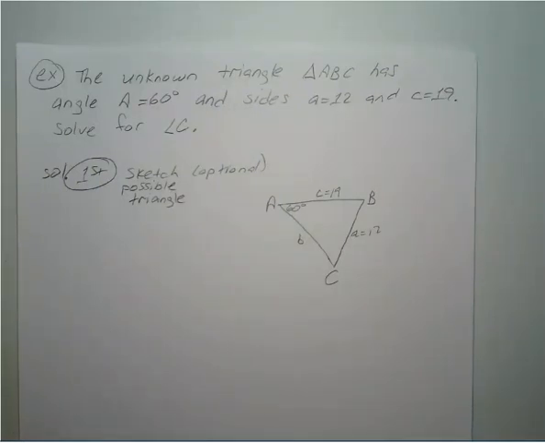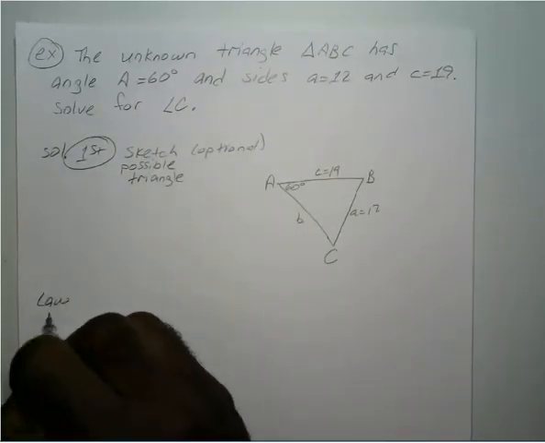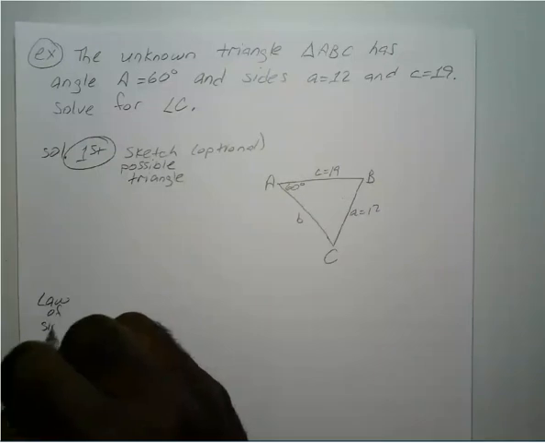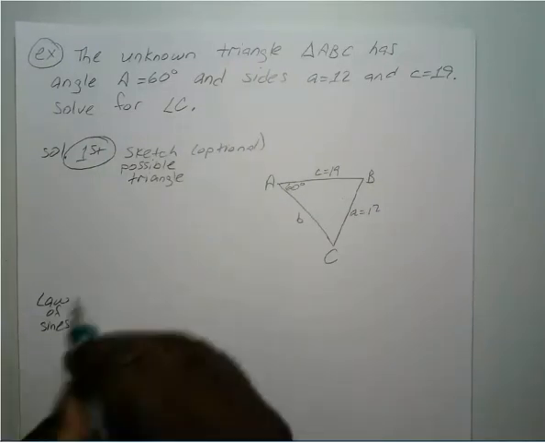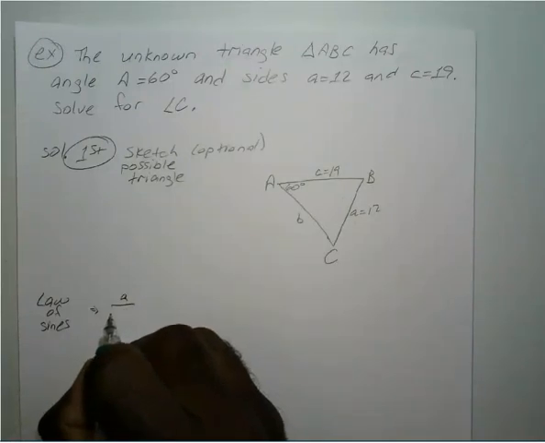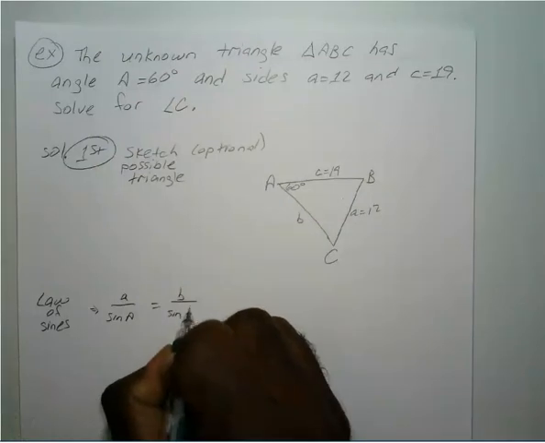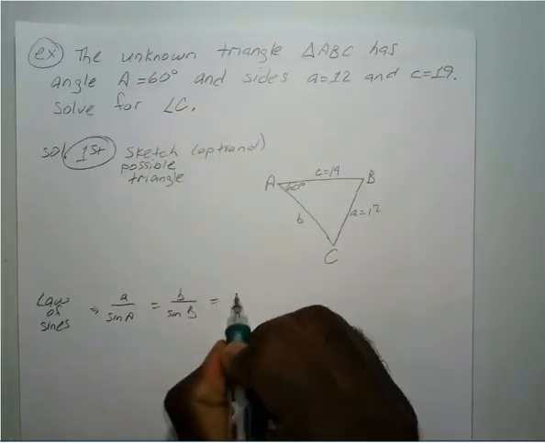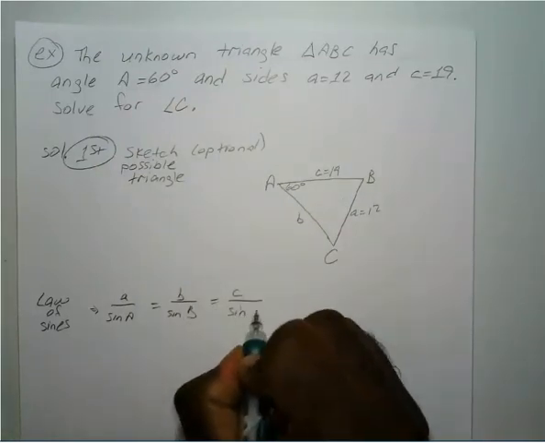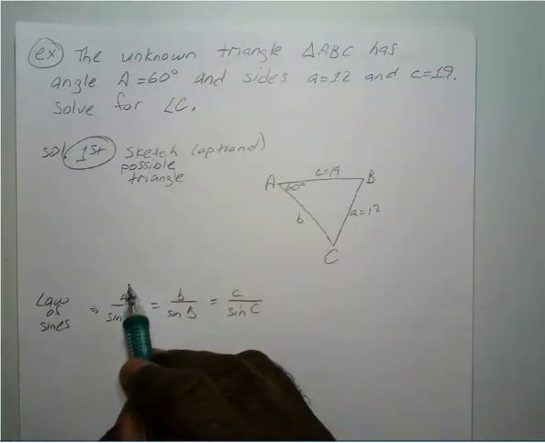Okay, so using our law of sines, you have A over sine of A equals B over sine of B equals C over sine of angle C. Using the information that we have, we'll use these two.